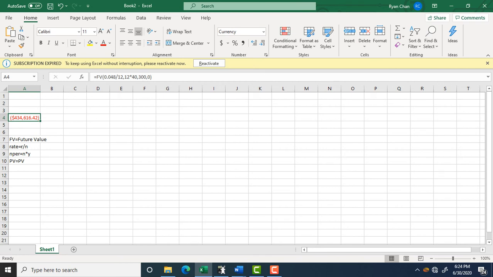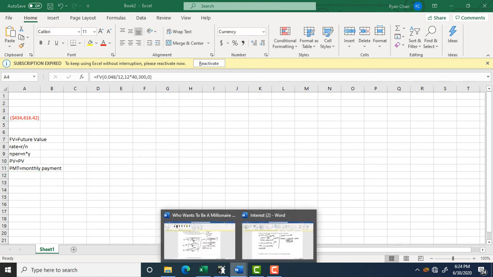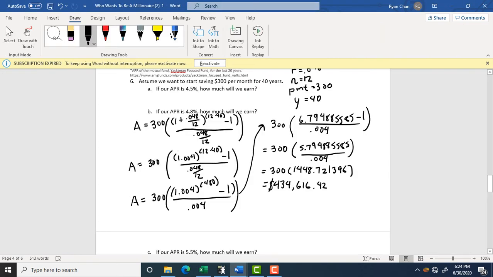It is future value, which is my rate, NPER, monthly payment, and 0. PMT equals monthly payment. Now notice when I enter that in, I get $434,616.42, which is good. So it does work with what I said.